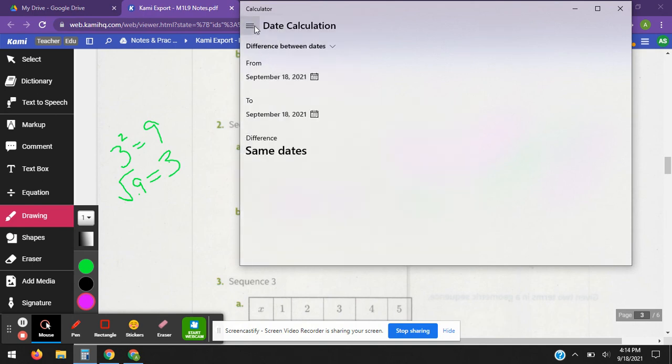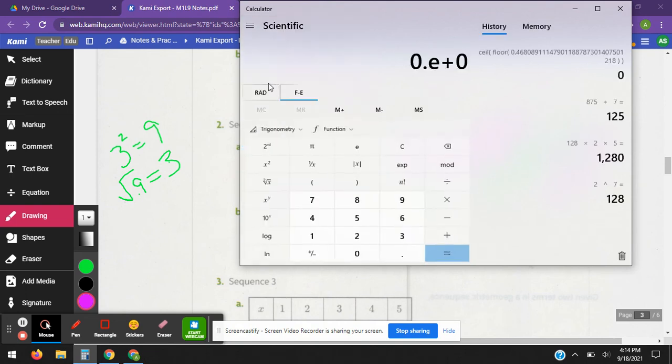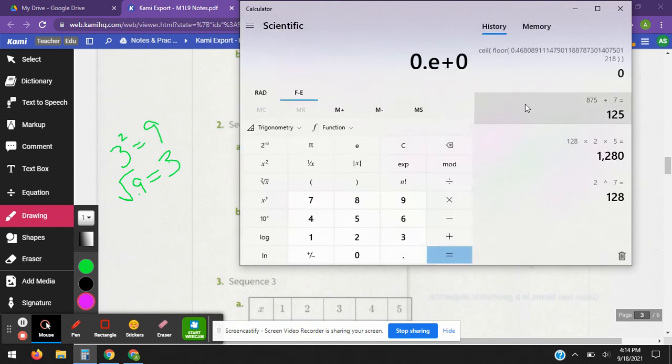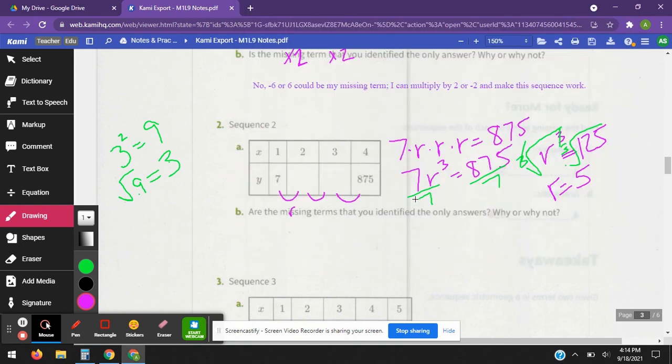All right, we're going to go with what we've got. We won't be able to do it on here, so I'm just going to have to figure it out in my head.